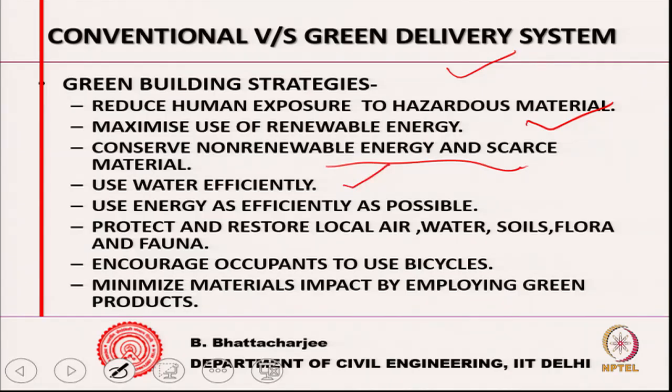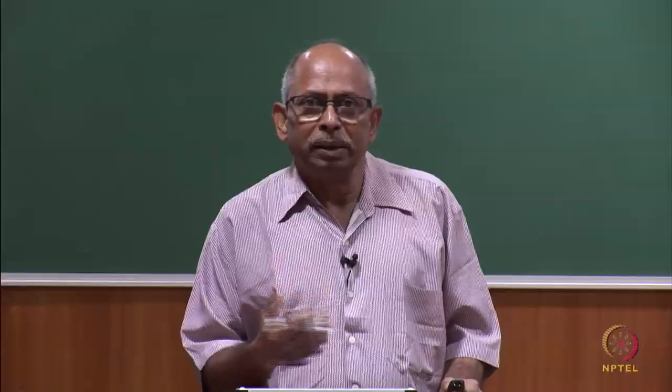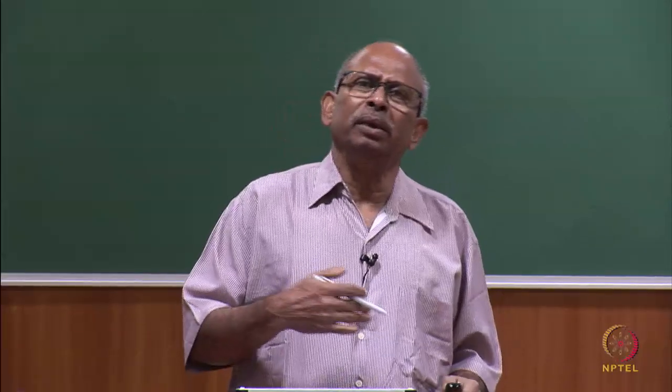Water should be used efficiently, energy efficiency, local air, water, soils, flora and fauna should be protected, and transportation should use less energy. So, bicycle use could be maximized, minimize material impact by employing green products. So, these are the strategies as we can understand through our discussions.